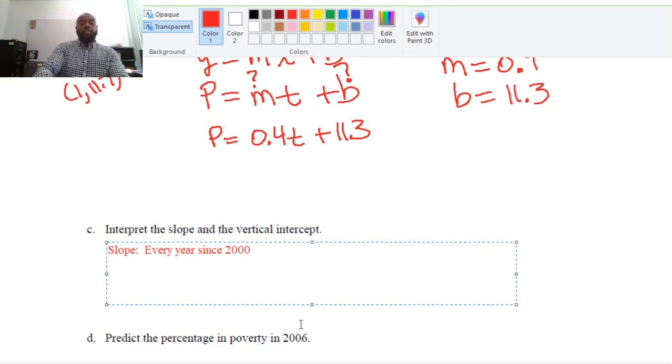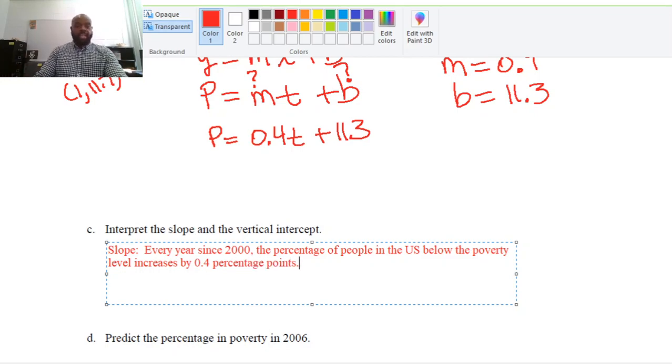Every year since 2000, our output, or our y, the percentage of people in the U.S. below the poverty level, increases by 0.4 percentage points. All right, that's the interpretation of my slope.